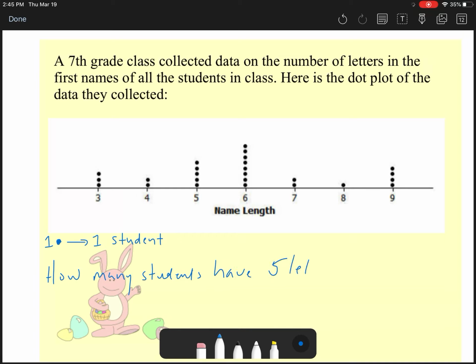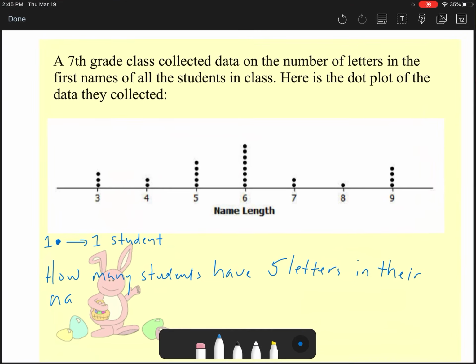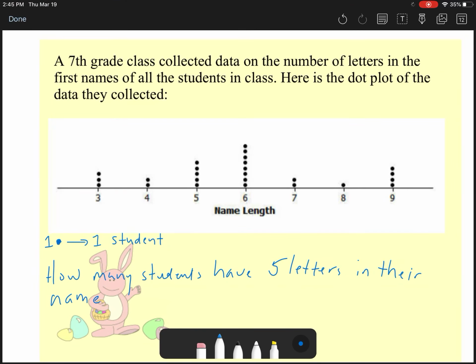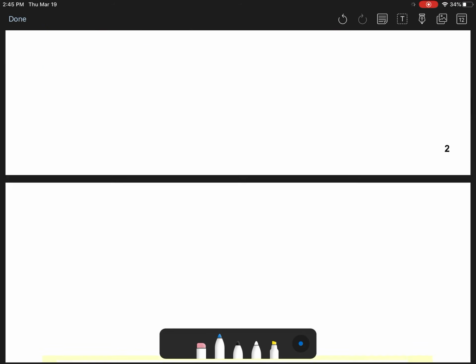We would go to the 5 letters, which is here, and we would count the dots, 1, 2, 3, 4, 5, and that would be 5 students. How many students have 8 letters in their name? That would be only 1 student.